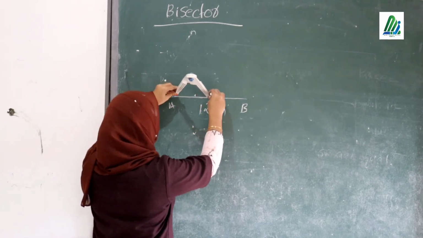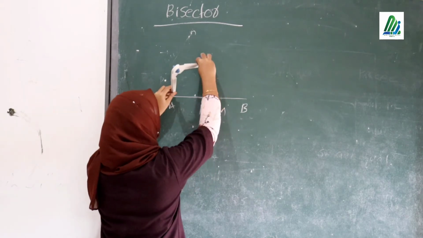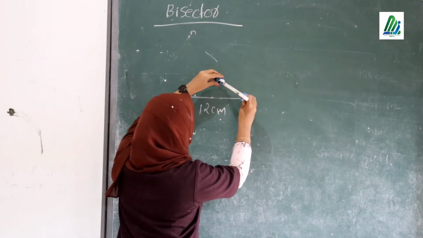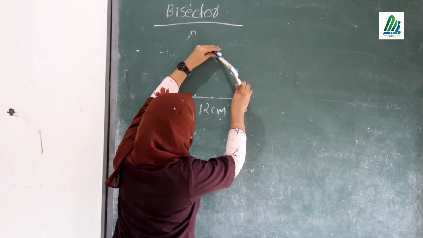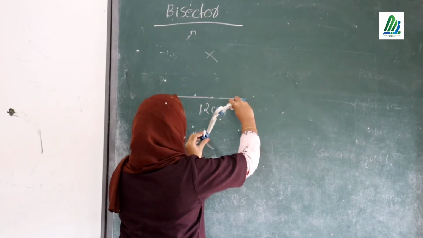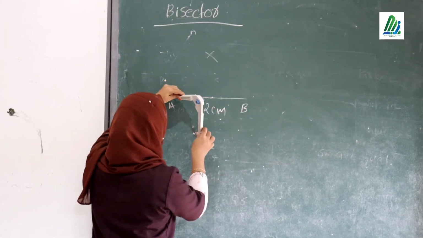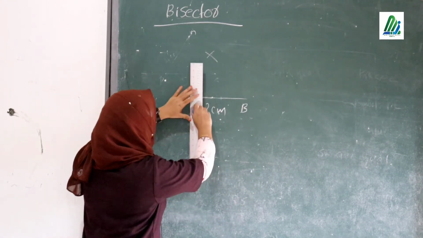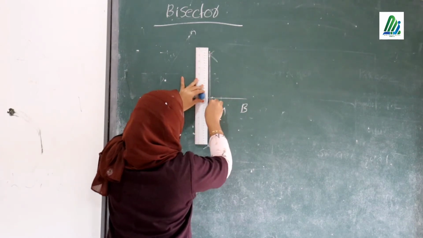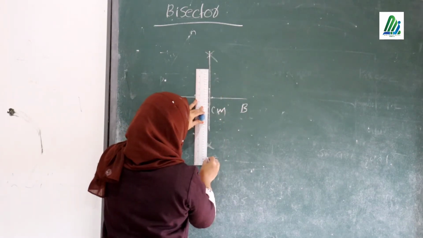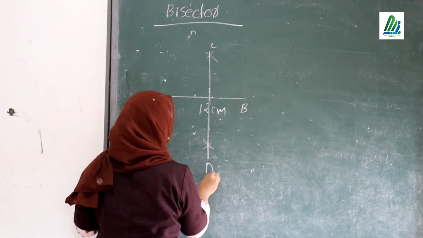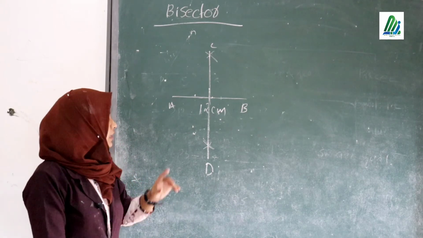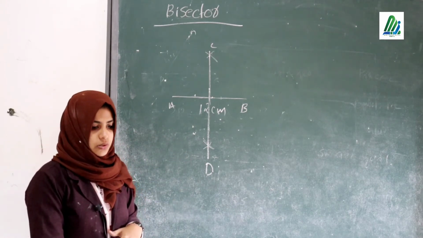Draw an arc from A and also draw an arc from B like this. Then join the points C and D. So CD is the perpendicular bisector of the line AB. I hope you understand.